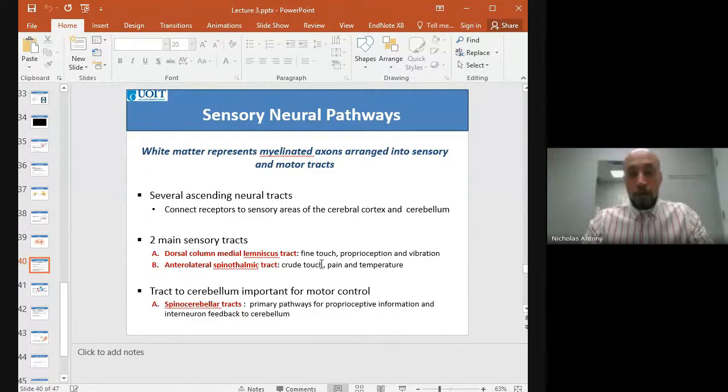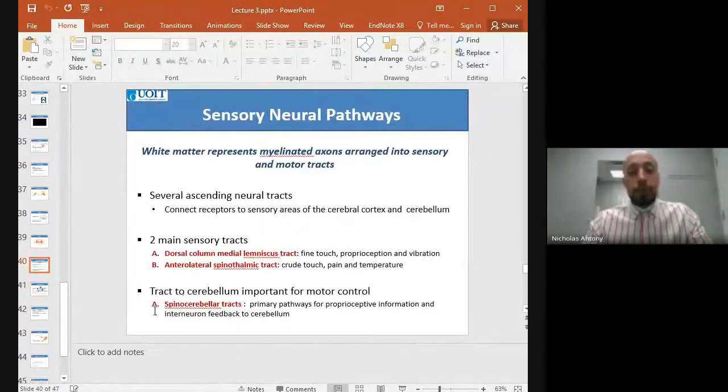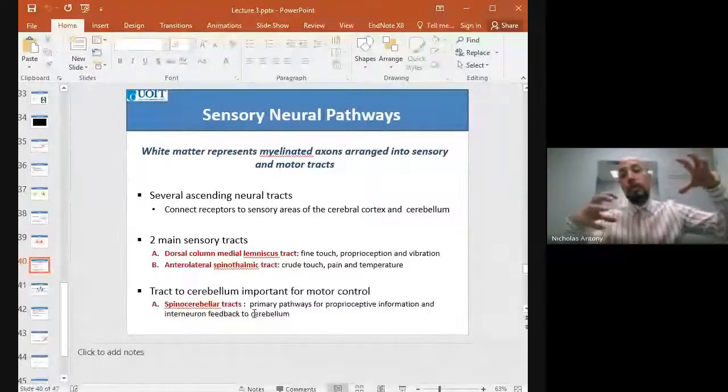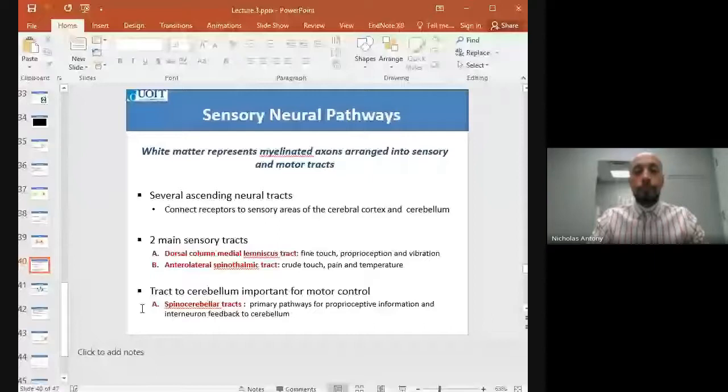That is the dorsal column, that is the spinothalamic tract, and both of these ended up in our primary somatosensory area. We had our spinocerebellar tracts, the internal feedback and high fidelity tracts. Those are unconscious because they go into the cerebellum. Anything that we have to perceive goes through the cerebrum. If it goes just to the cerebellum, we're unconscious of it.